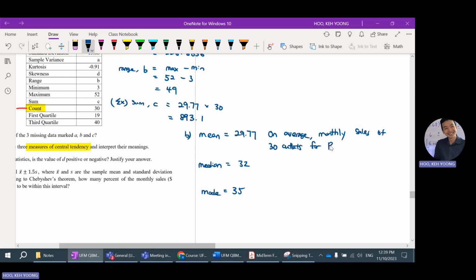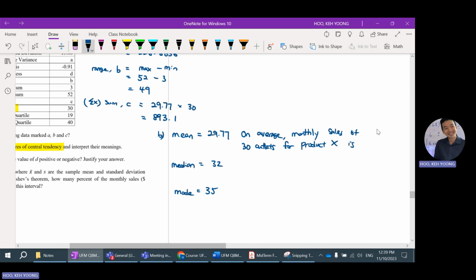Each outlet, because we have to get the average of each outlet, is 29.77 million dollars. So this is the interpretation. So average monthly sales is $29.77 million.